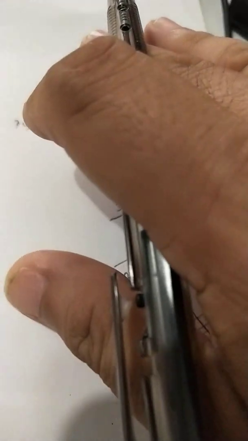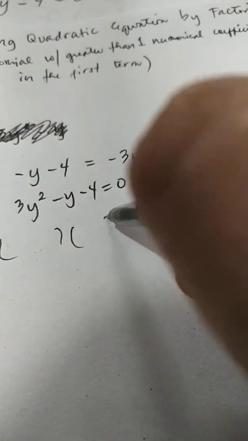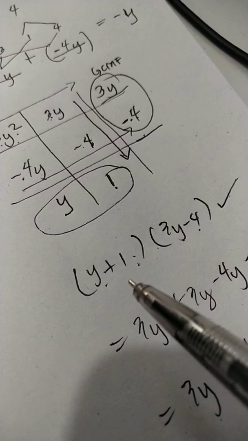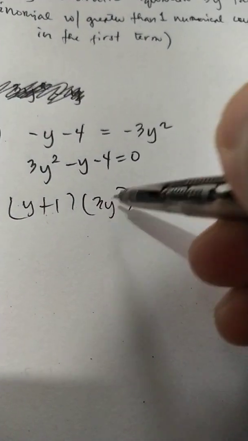Take note that this is considered as our scratch or draft. Okay? So, for the final solution, we have to copy this one, y plus 1, 3y minus 4.